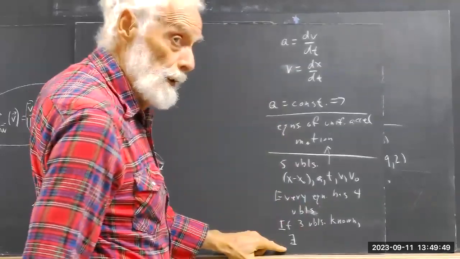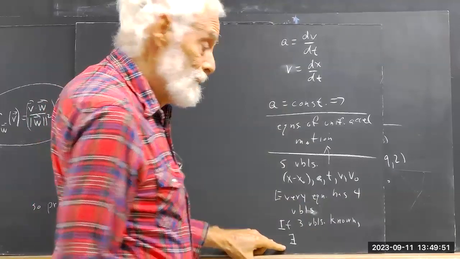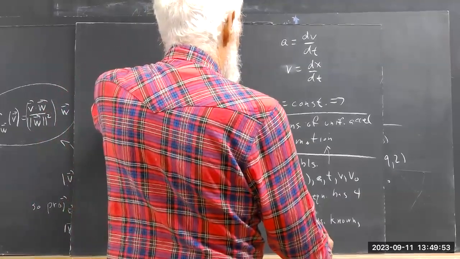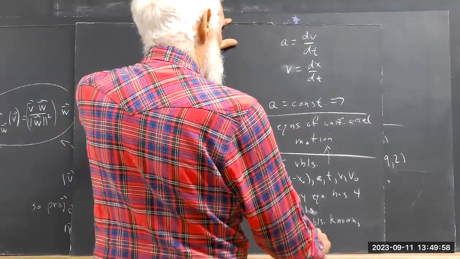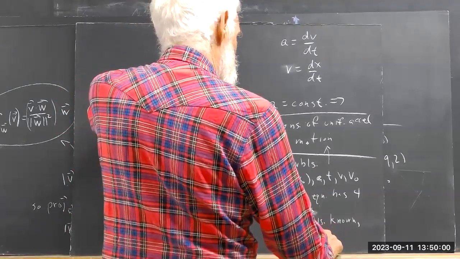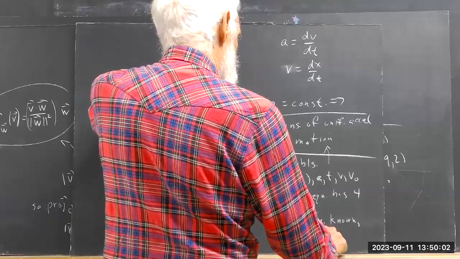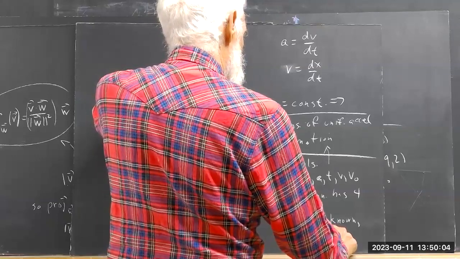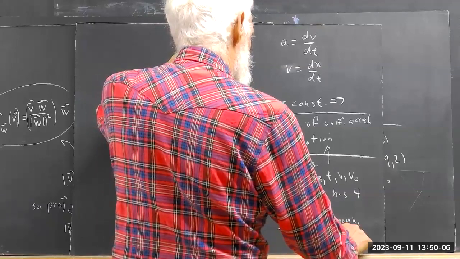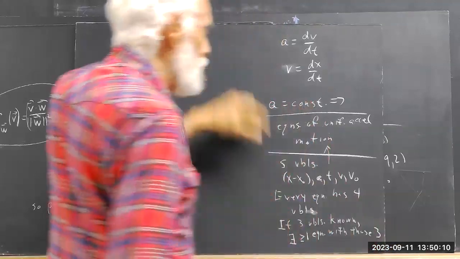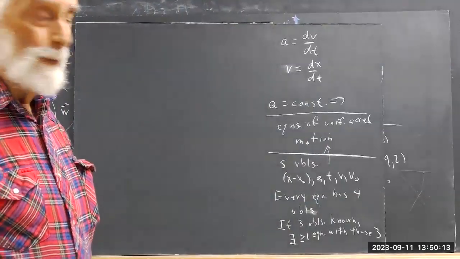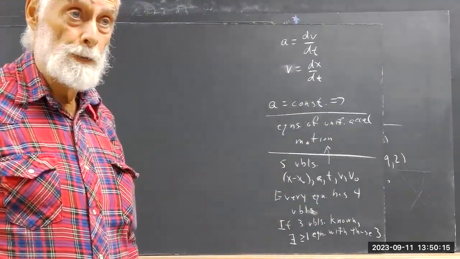Backward, capital E means there exists at least one, greater than or equal to 1. With those 3, there are only 4 variables in an equation.